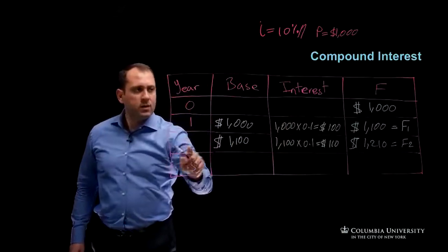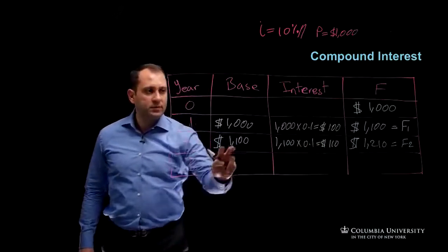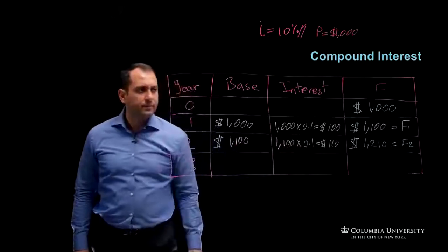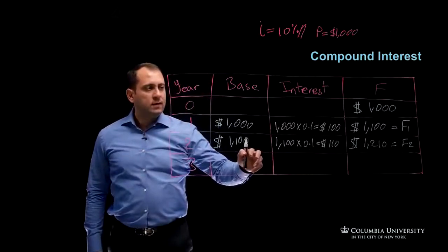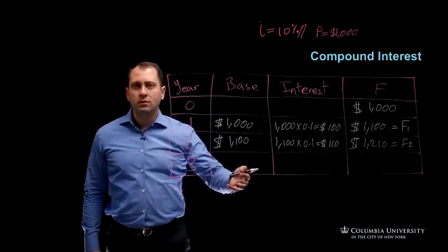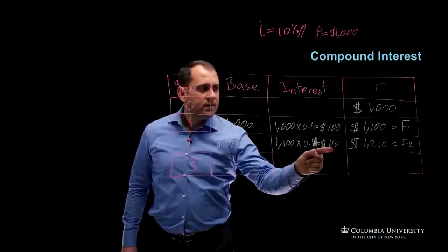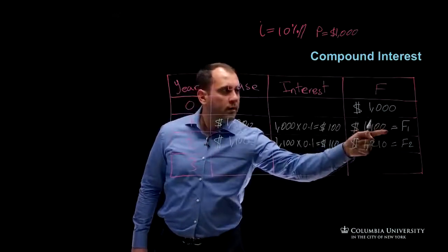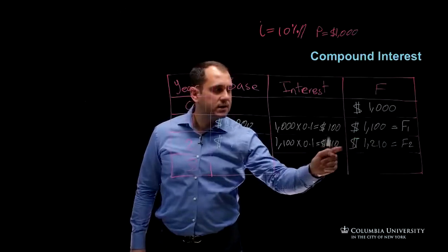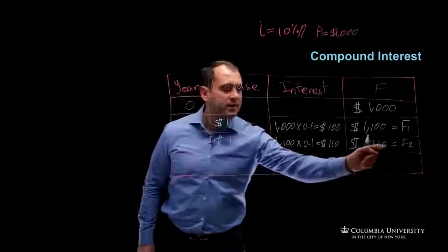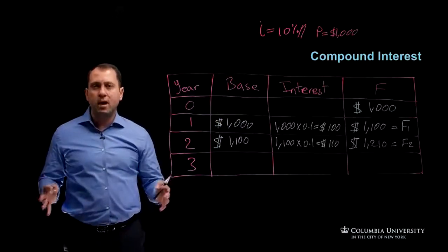The interest for year number 2 will be $110 because you multiply 1,100 times 10%. To calculate the total amount owed towards the end of the second year, it will be the 110 plus the F1, which is 1,100. 1,100 plus 110 will give you $1,210 for the end of year 2. That's the amount owed.